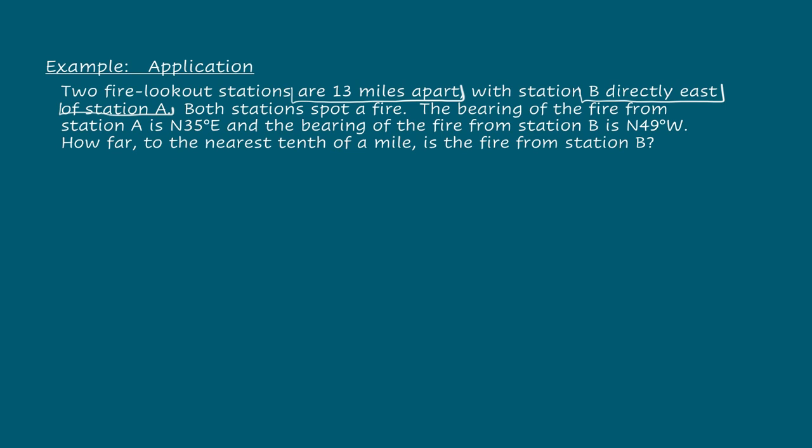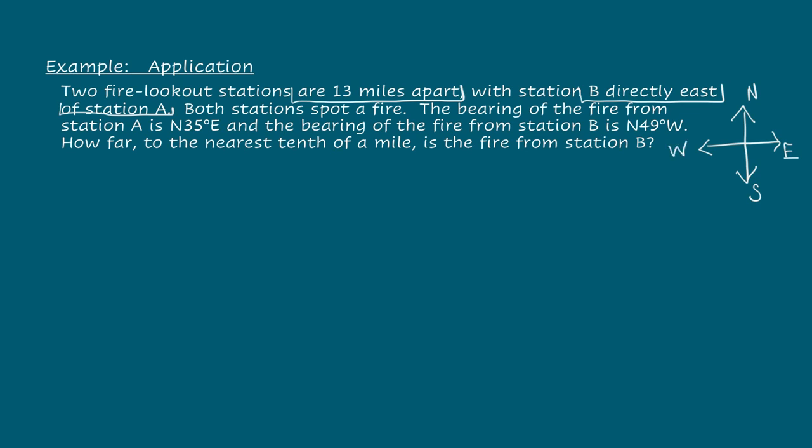So the first thing I need to think about here is my directional information. And for reference, I'm thinking about direction as north. North goes up, south goes down, east and west. East is going to the right, and west is going to the left.